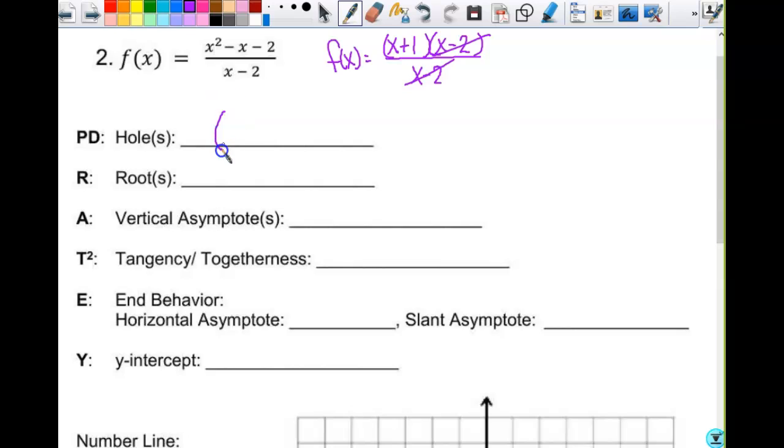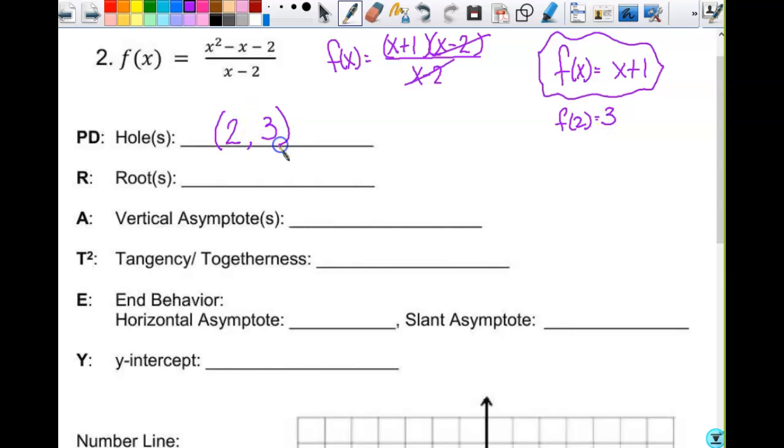So my x value is 2. My reduced function is f of x equals x plus 1. And what will that part graph? A line. So I'm going to have a line with a hole in it. So again, I kind of have an idea of what it looks like. I find f of 2 to get my y value here. So that's just 3. So that's where the hole is.